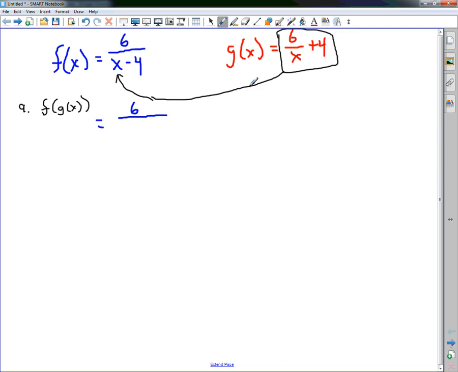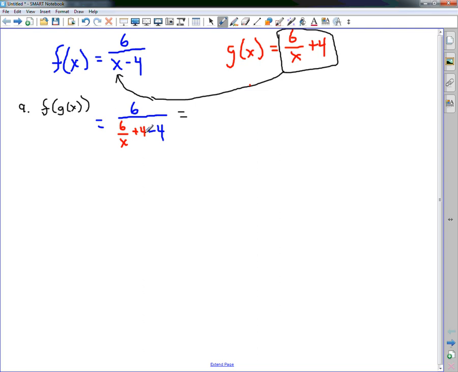So I'm going to have the g of x here, which is 6 over x plus 4. And then all I did was replace the x, so I still have the minus 4 here. Okay, so f of g of x means take the g of x and plug it into the f of x. Now I'm hoping that after I reduce all of this, it reduces to just an x. So let's see what happens.